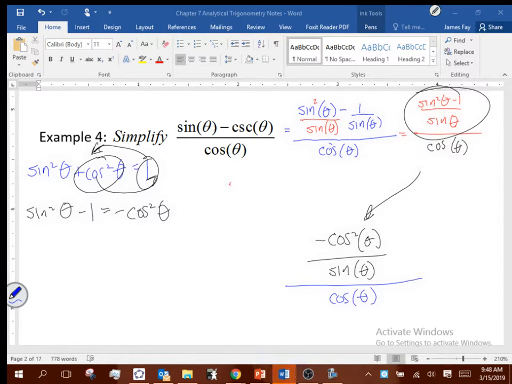Now that bottom fraction is written as just one object, but it is a fraction, correct? Every fraction can be written as itself over 1. I think it's very important for us to do that, because I want to make sure we don't get this confused.